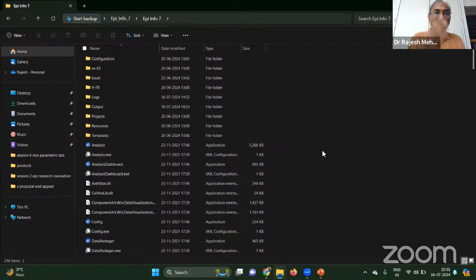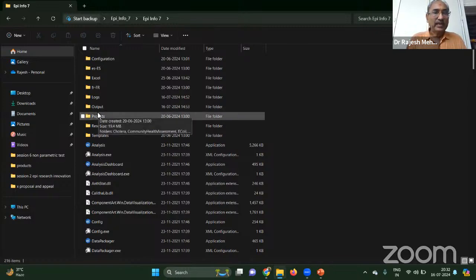There are various subfolders within Epi Info. The analysis.exe is there, and other exe files. Wherever it is written as applications, it is a file which you can execute and do various functions. From directly here also you can run that. But we'll be using the dashboard, the file which is kept specially to initialize Epi Info.